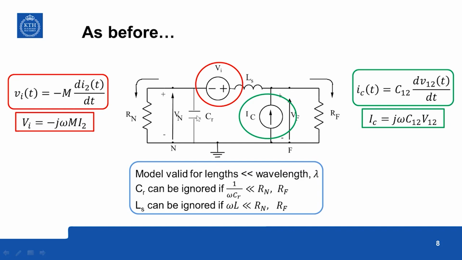And as before, CR and LS, series inductance and parallel capacitance, can be neglected when the impedance compared to the end impedance meets certain criteria. And also we will not use near field and far field anymore, because it will not make any sense. There is no near end and far end in the problem that we are investigating now.